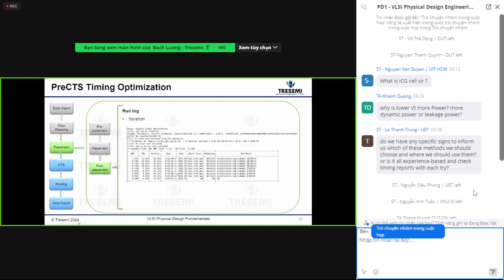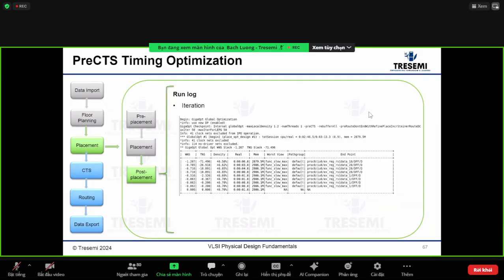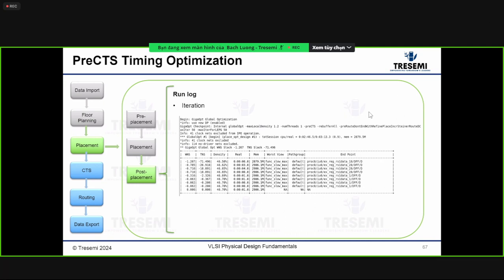We had a question come in: how can OCV impact timing, as was mentioned in the pre-assessment? Yes, on-chip variation is the way we model the variation on the chip.